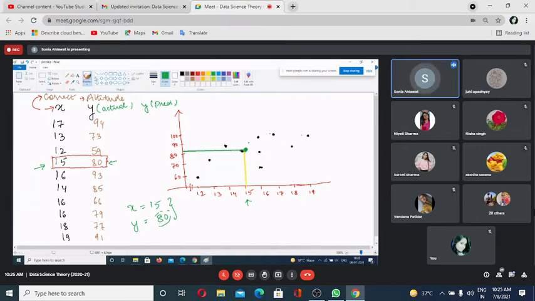How will I identify whether this particular value is the right one or not? How will it be worked out? When the error is coming out to be minimum. So if the actual value is 80 and the predicted value is 80 or 79.95, then I can say, okay, fine, the actual value and the predicted value are equal to each other. If both are equal, that means the accuracy is very high.